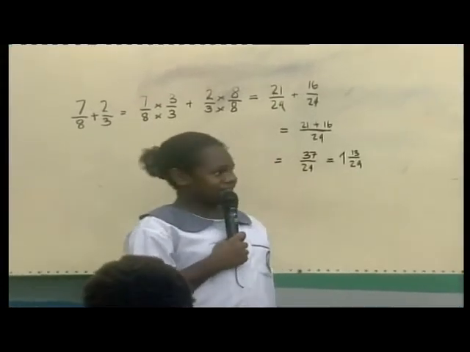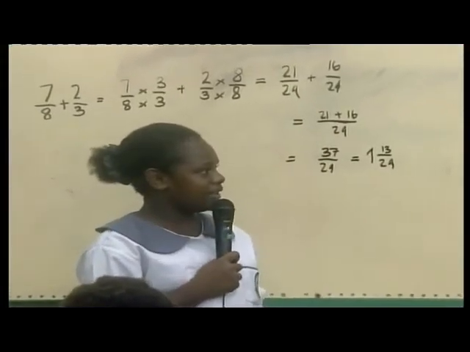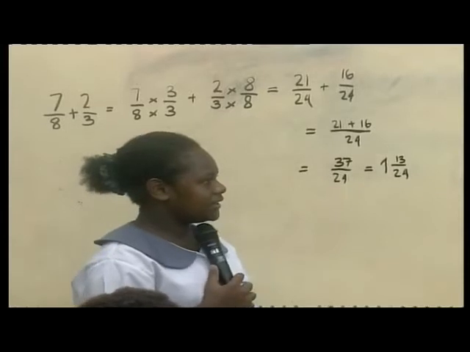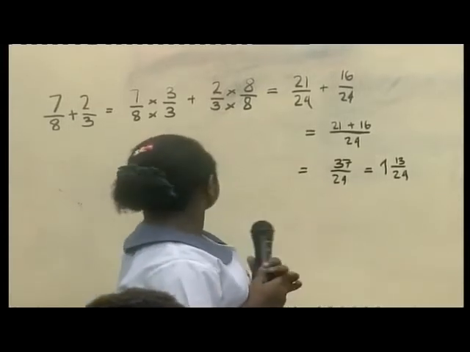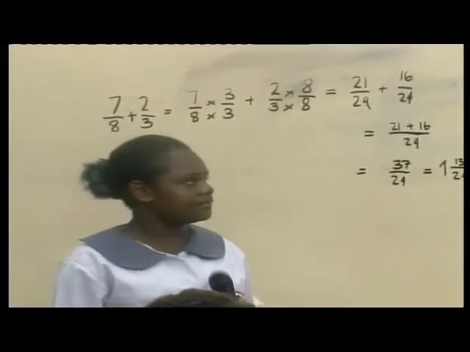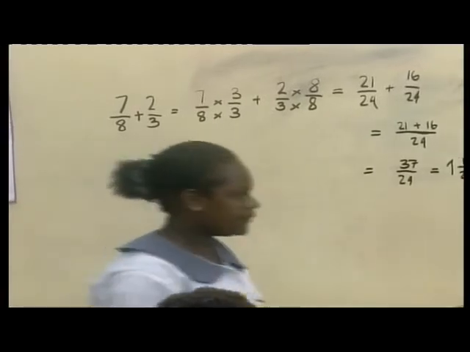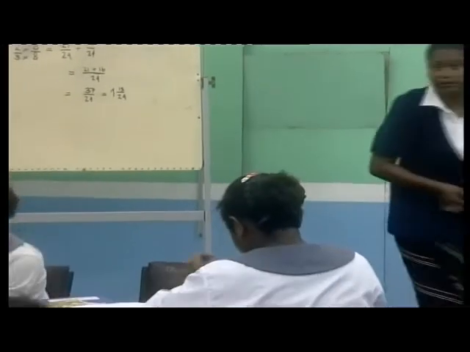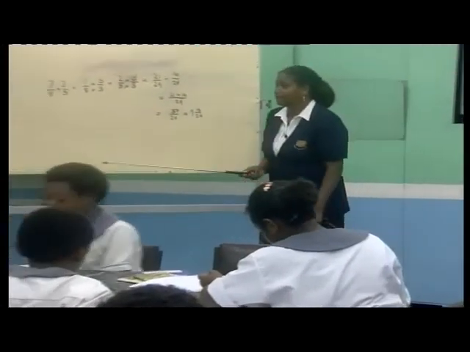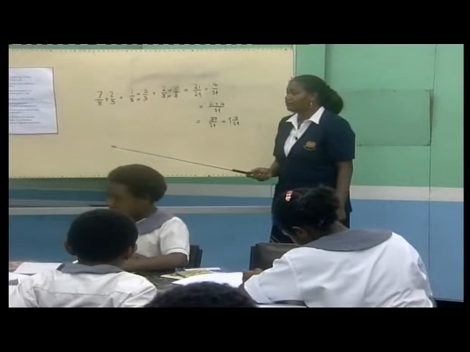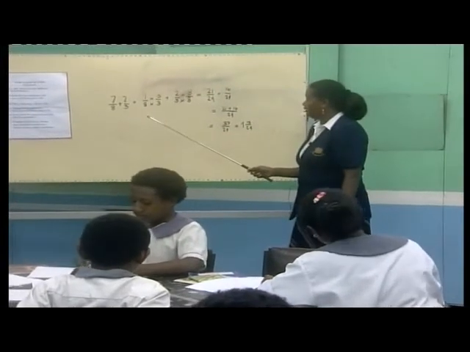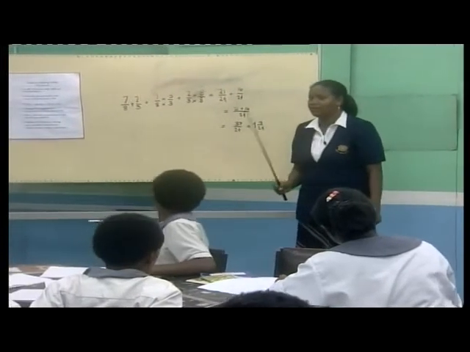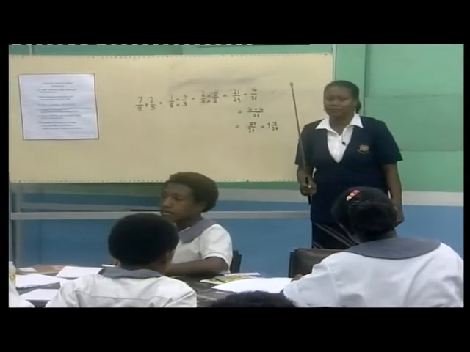I multiplied with the LCM. All right, what did you do first? You multiplied. All right, thank you, Milika. Any more answers? What's the first step we do? Class? You multiply. Is that the first step? Yes. Now you're forgetting your rules.